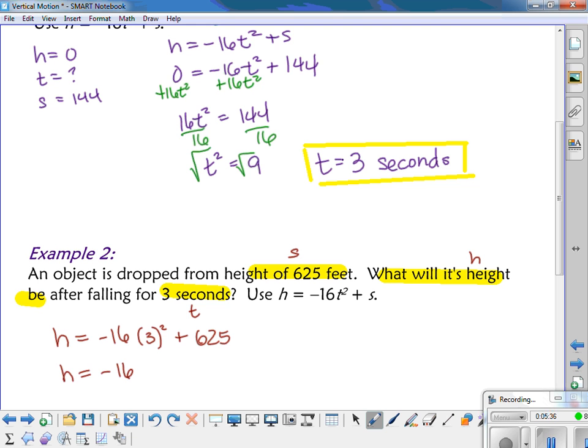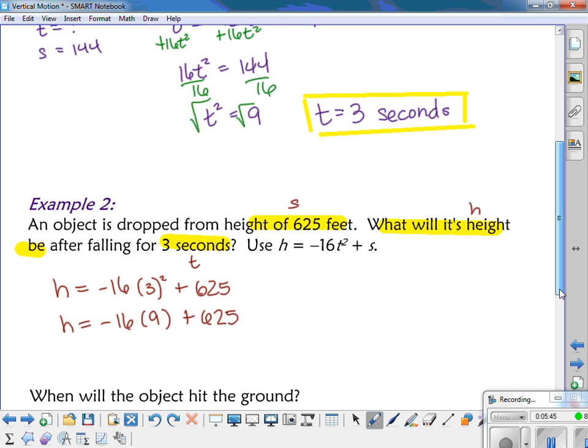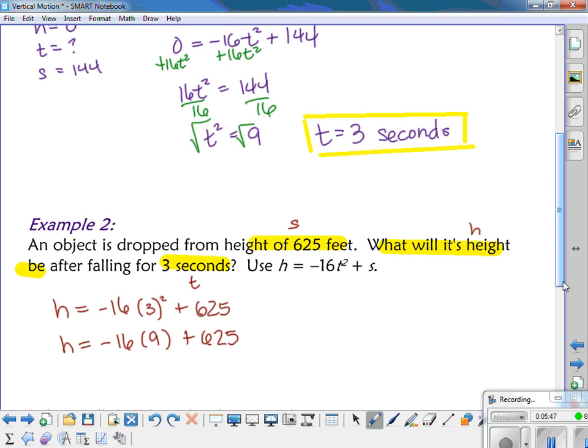Either way, what is 3 squared? 9. So then what am I going to do next? Multiply or add? Got to multiply first, right? So the height equals negative 144 plus 625. Some of you already did this. You should have gotten 481 feet.